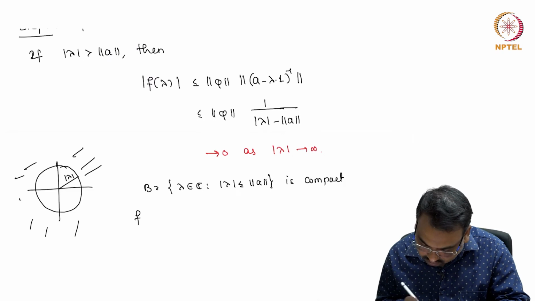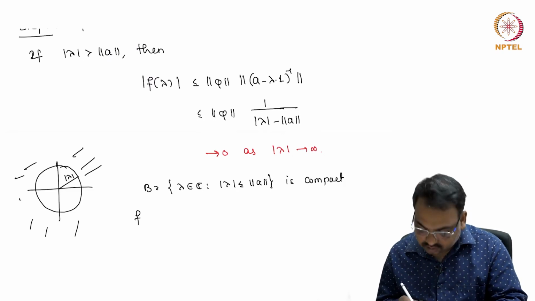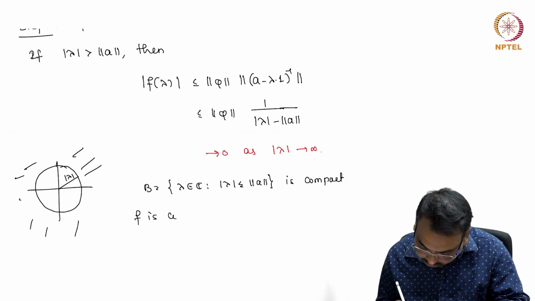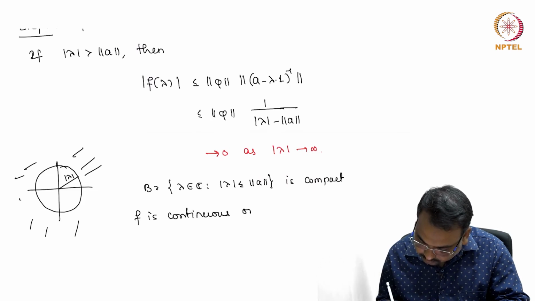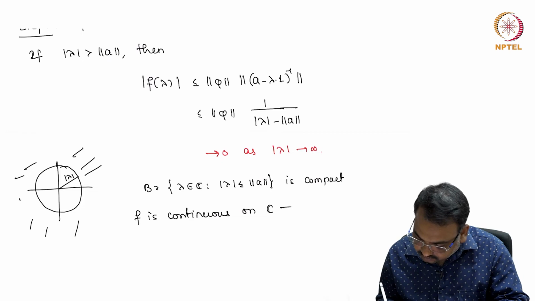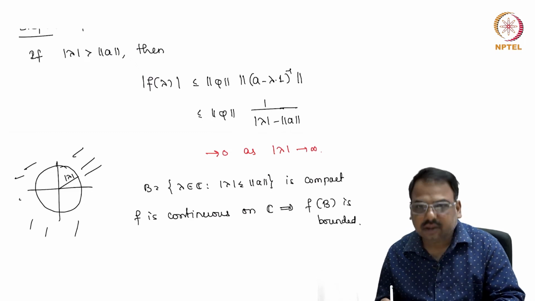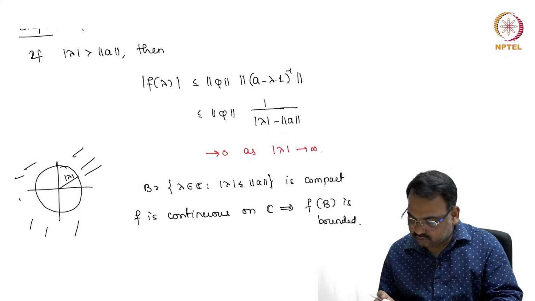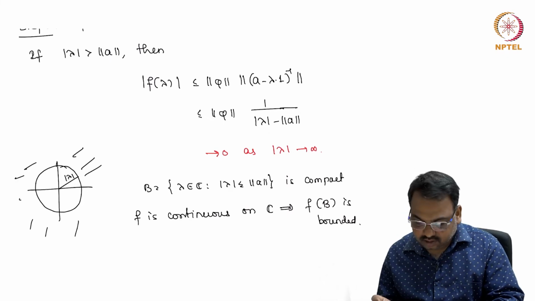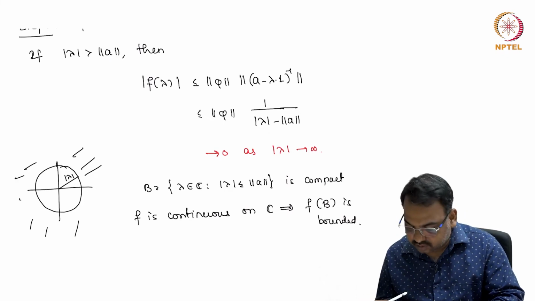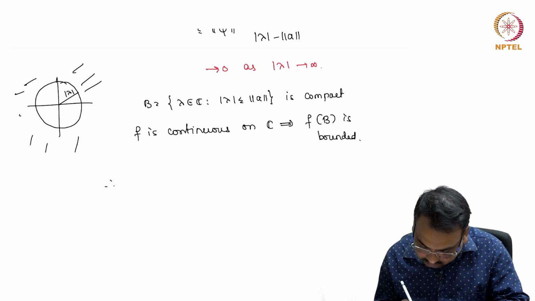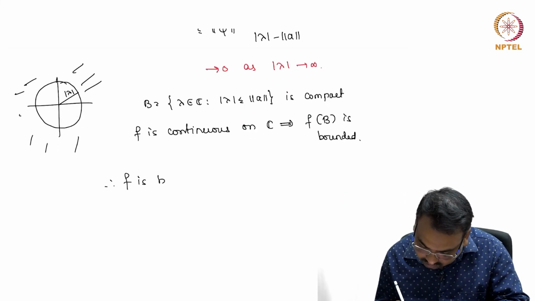So f is continuous on C, which implies that f of B is also bounded. So we have shown that f is bounded on B and f is also bounded on the complement of B. So therefore f is bounded.